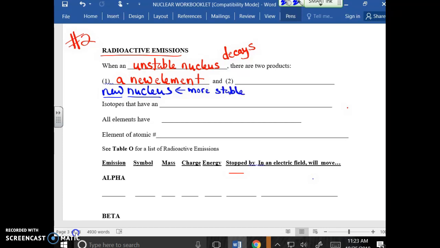Again, stability is relative. You can have something that's radioactive. By definition, that means unstable, but it's going to be more stable than the nucleus it came from through decay. And of course, as was initially apparent, we have some sort of radiation that is emitted.